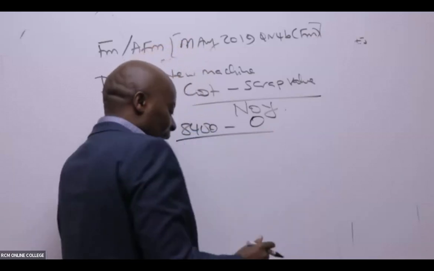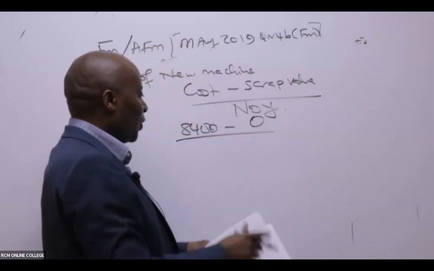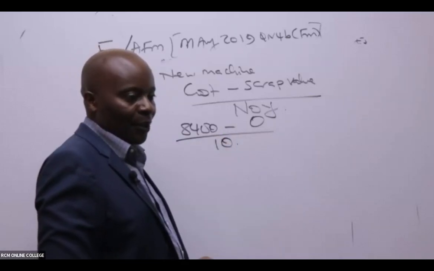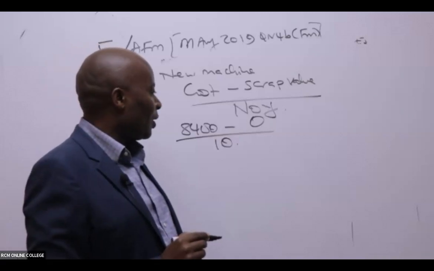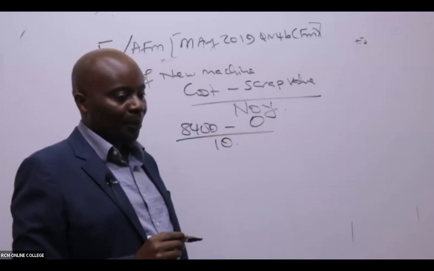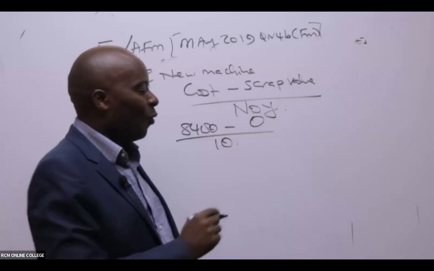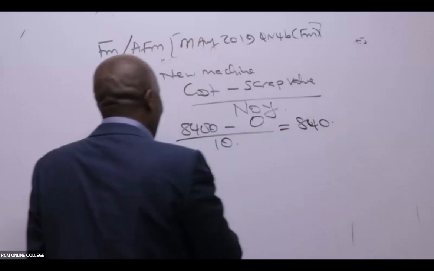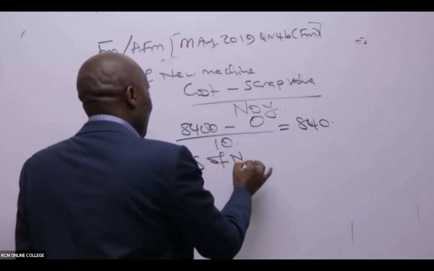Divided by how many years does it have? Number of years is 10 years. So are you able to give me this figure? 840, 840, 840. So please go ahead and give me the depreciation tax shield of the new machine.